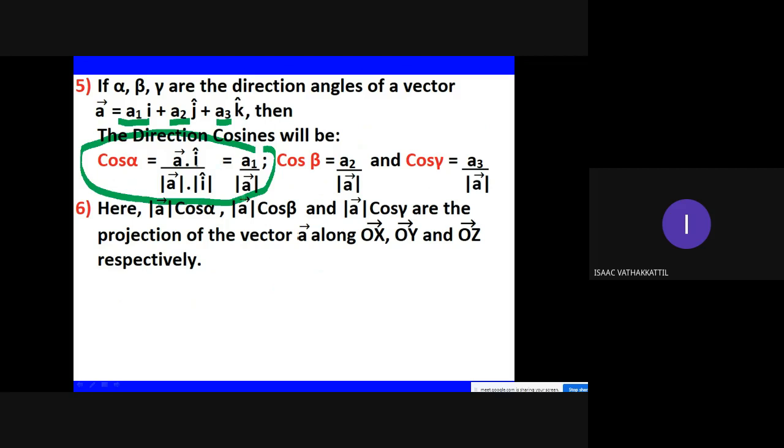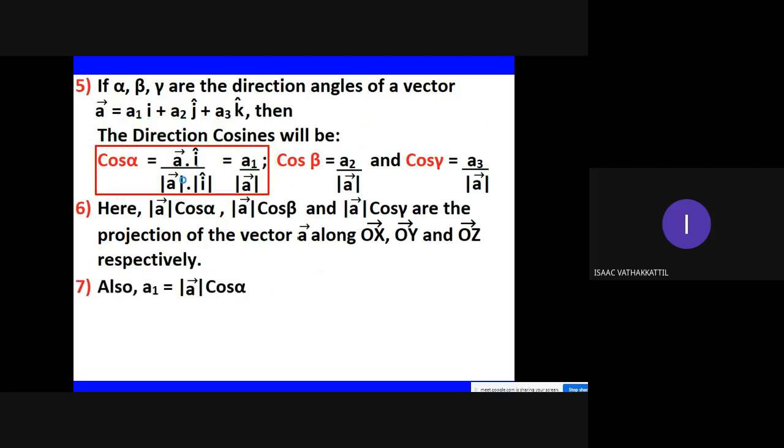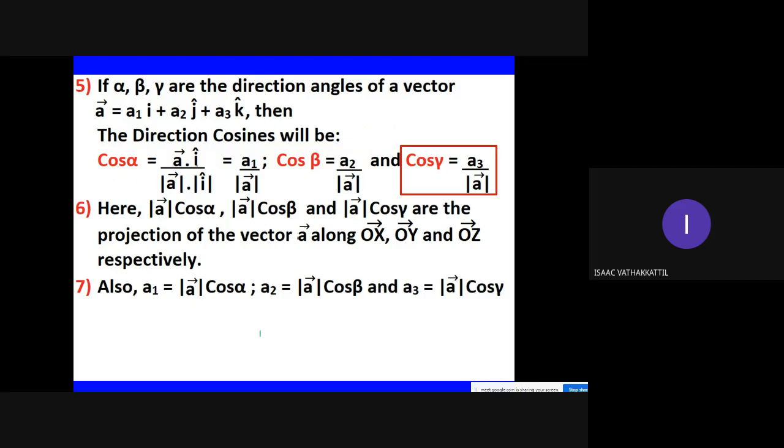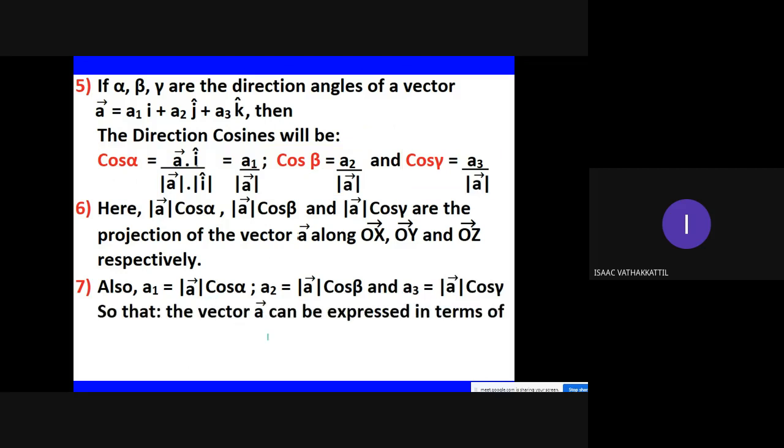And A1, A2, A3 are proportional to L, M, N. A1 is magnitude A cos alpha, A2 is magnitude A cos beta. So the vector A can be represented, instead of A1, by magnitude A cos alpha, and instead of A2, by magnitude A cos beta.